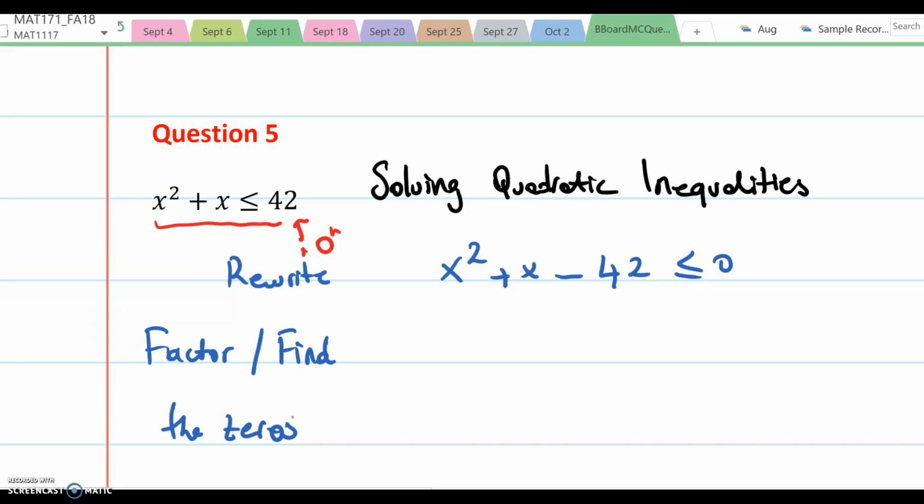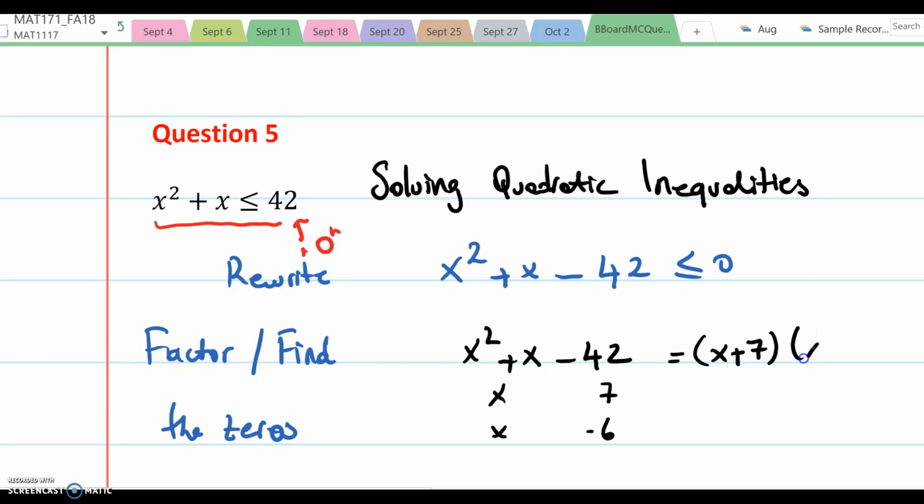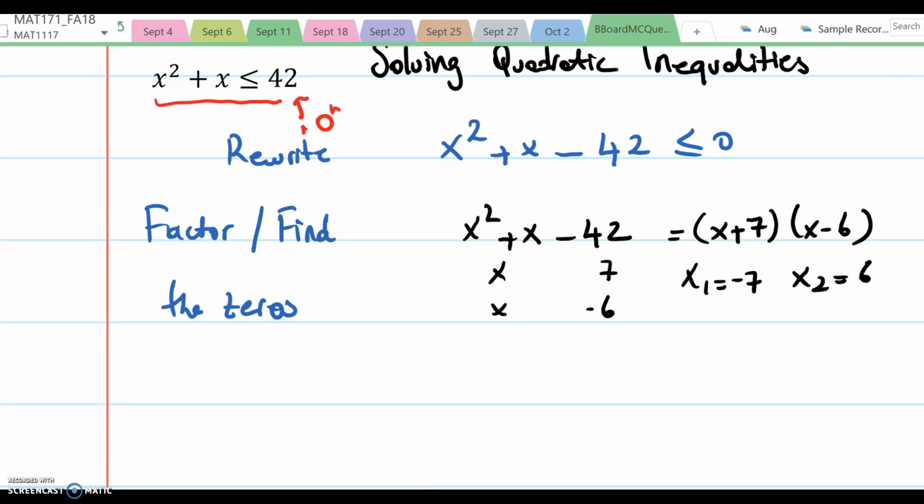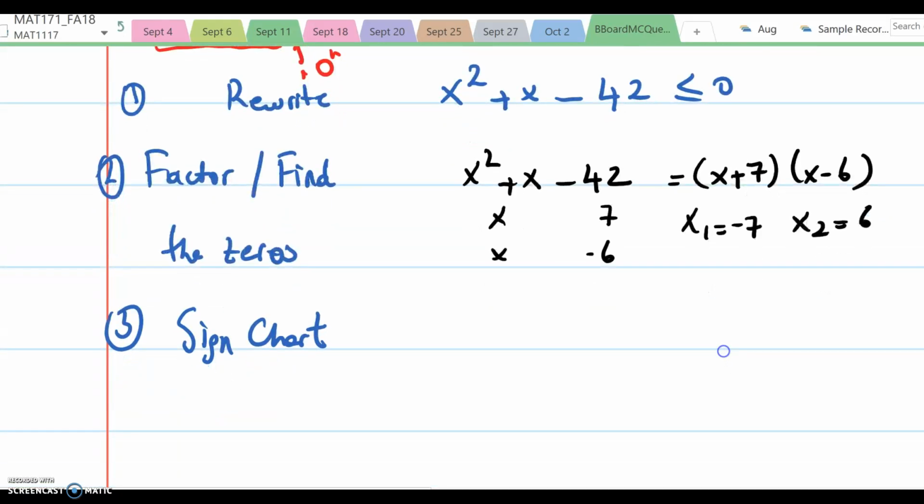All right, so when we factor x^2 + x - 42, we are going to have 7 and negative 6. We can factor it that way. Then we find the roots. Now, sign chart. That's the other thing. So rewrite, factor or find the zeros, then sign chart of these roots.